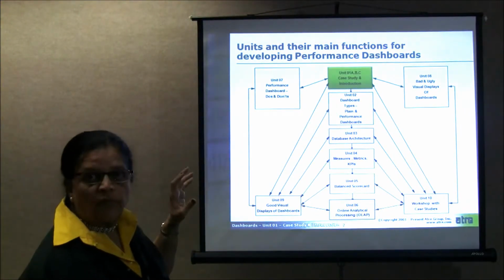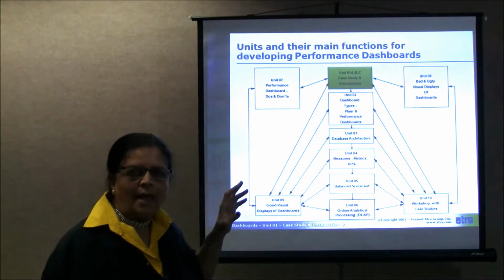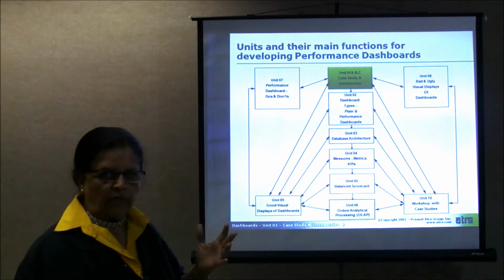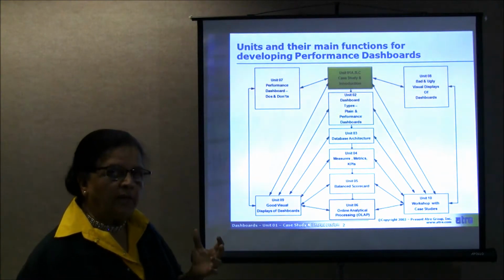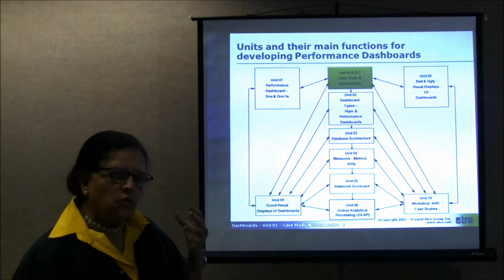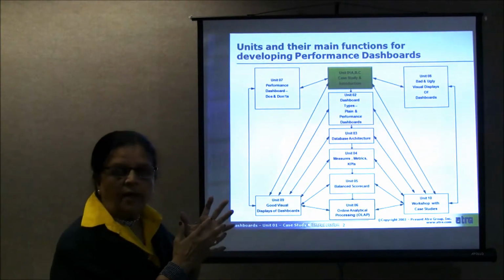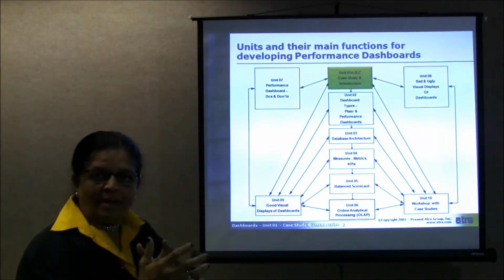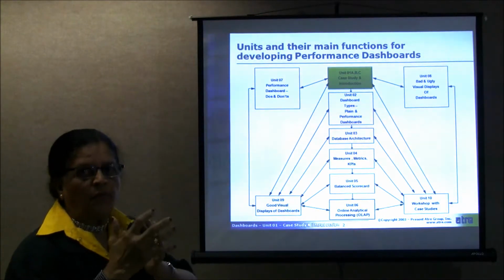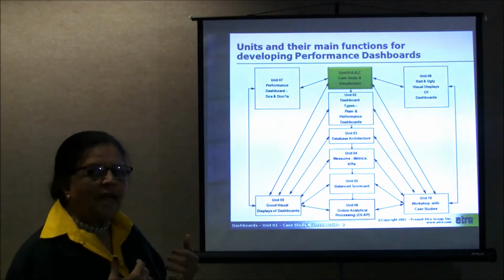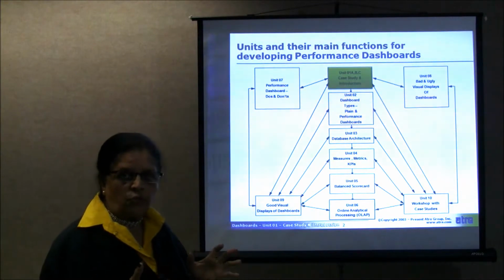This is our first unit, 1A, which is an introductory unit, and in that we will be showing you how to start with the raw data and come to the end of using the performance dashboard. And as far as I know, nobody is doing that.